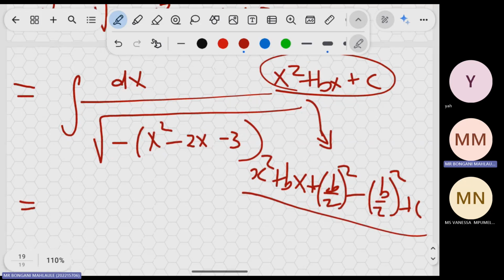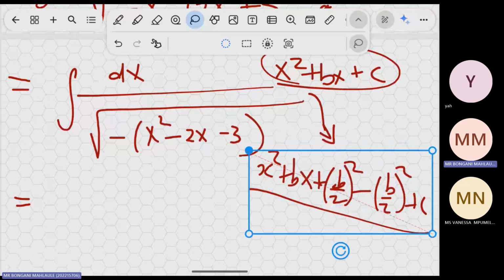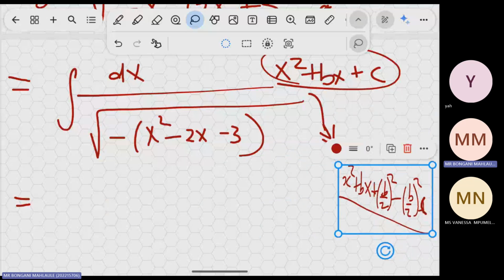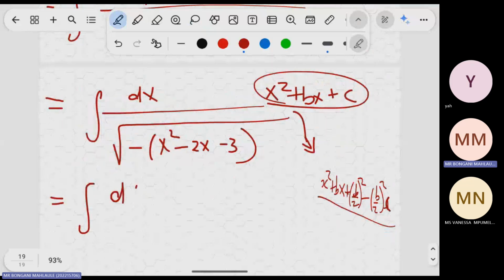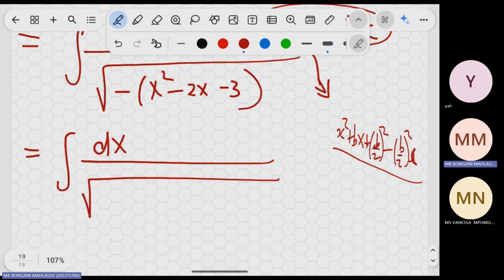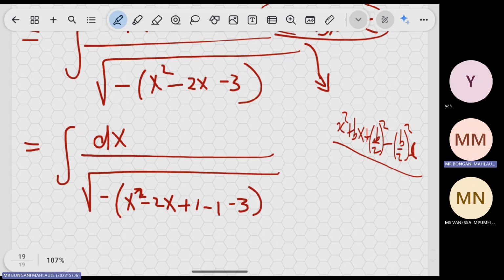It will be like that always. Okay, so now we are going to have the integral of dx all over the root of negative x squared minus 2x. This will be negative 2 divided by 2 all squared, which will be plus 1 minus 1 minus 3.